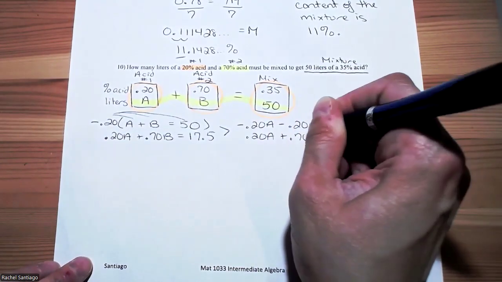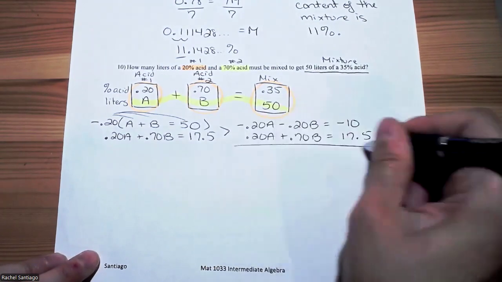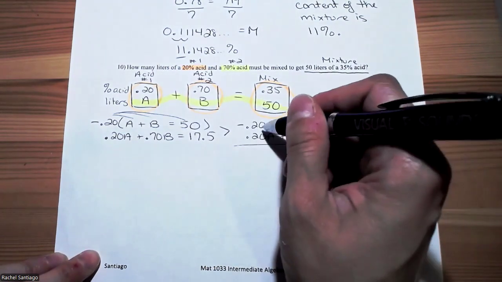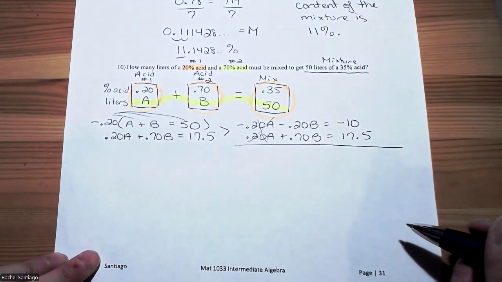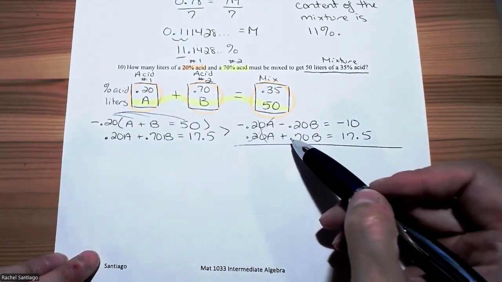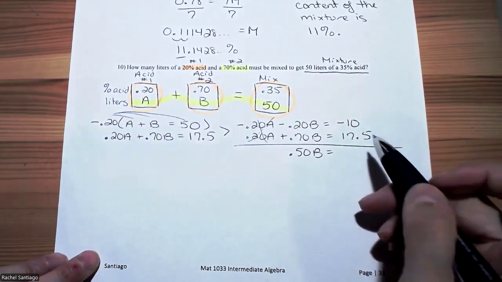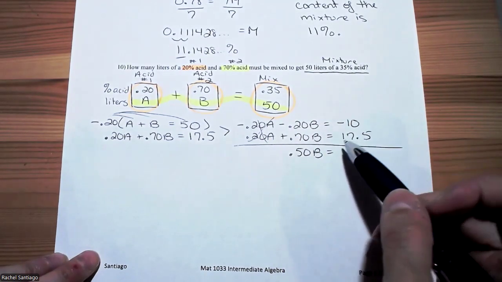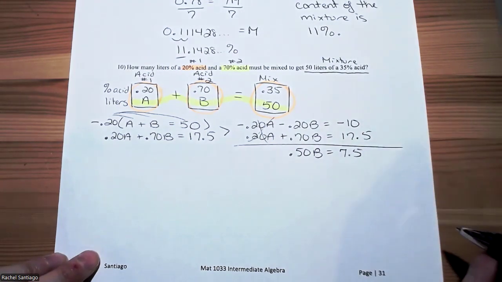And then we are going to combine in column form, right? We learned how to solve systems of equations. These two terms will cancel each other out. That's completely gone. If you punch into your calculator negative 0.20 plus 0.70, you're going to get 0.50B. And then if you plug into your calculator negative 10 plus 17.5, you're going to get 7.5.